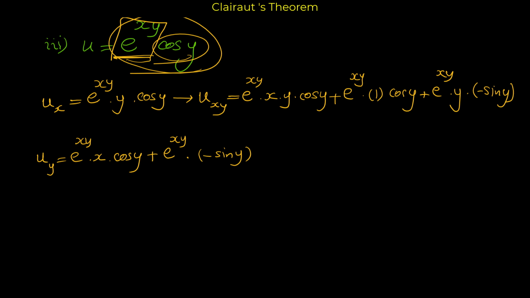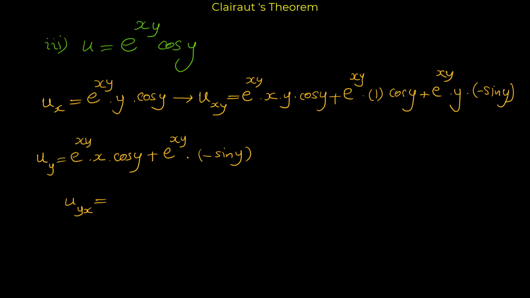From this expression, now we have to take the derivative with respect to x, because this is uy, and now is the time to take the derivative of uy with respect to x.